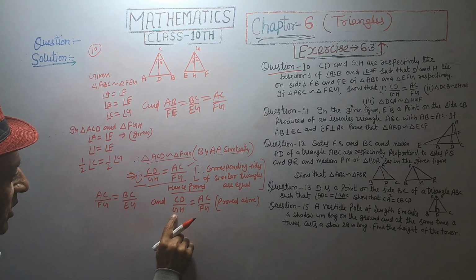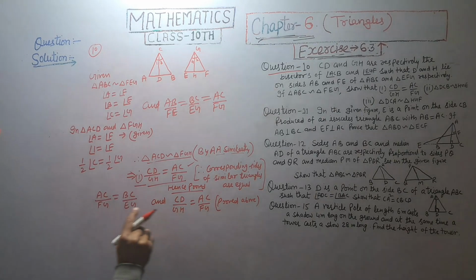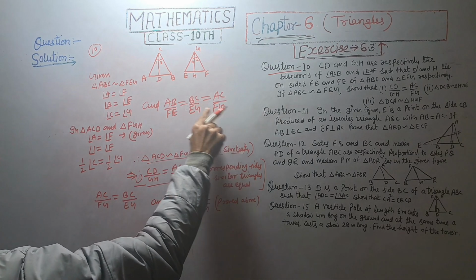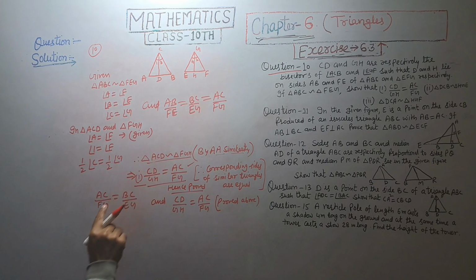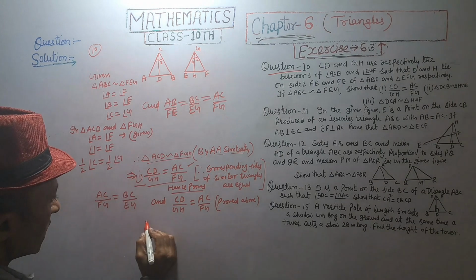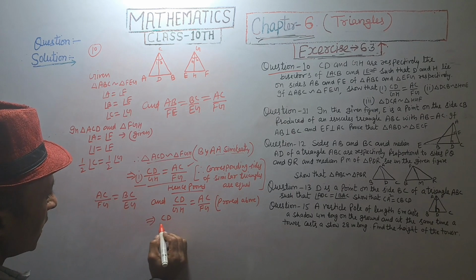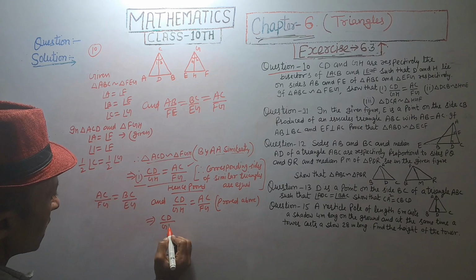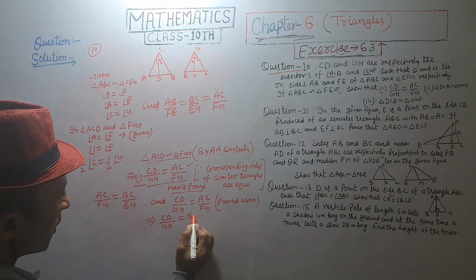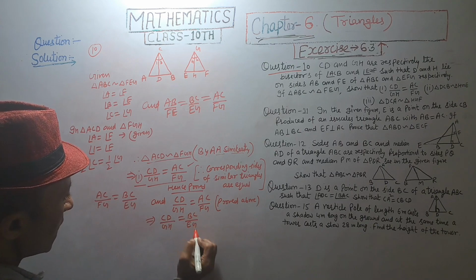CD upon GH equal to AC upon FG and AC upon FG equal to BC upon EG. This implies CD upon GH is equal to BC upon EG.